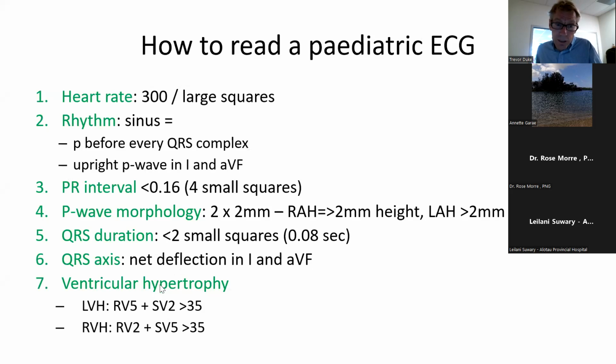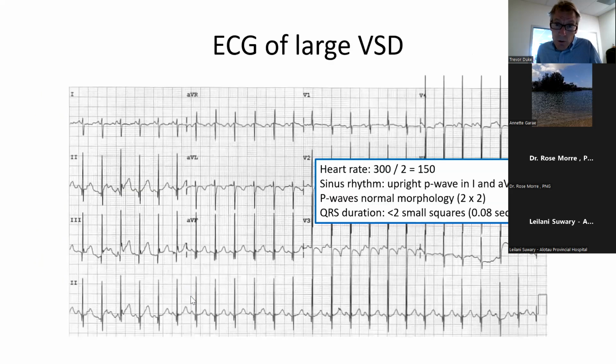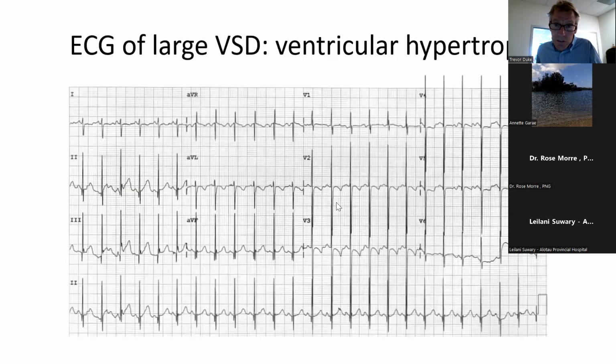When we look for signs of ventricular hypertrophy, what we should be looking for is the size of the R waves and the S waves in the chest leads, in leads V1 to V6.